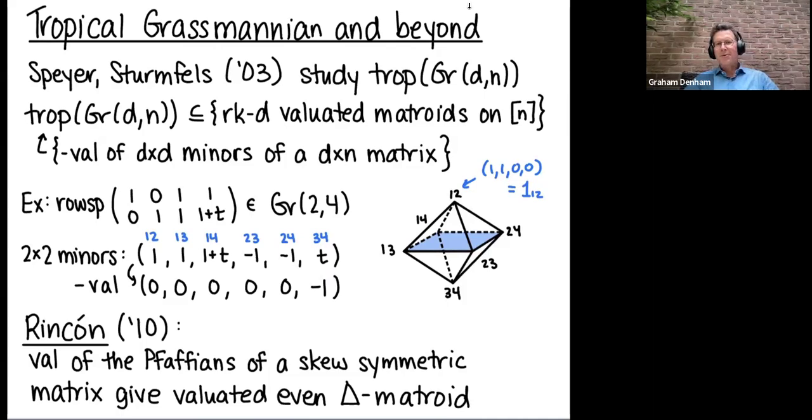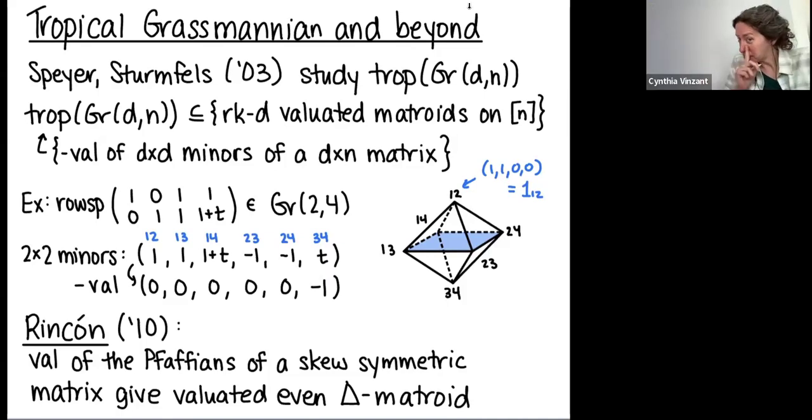Dave Anderson asks a question in the chat. He says, is Rincon's theorem about a tropical orthogonal Grassmannian? That's right. So Felipe's paper title is really about the Lagrangian Grassmannian.